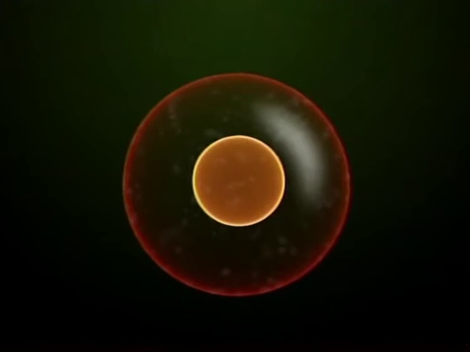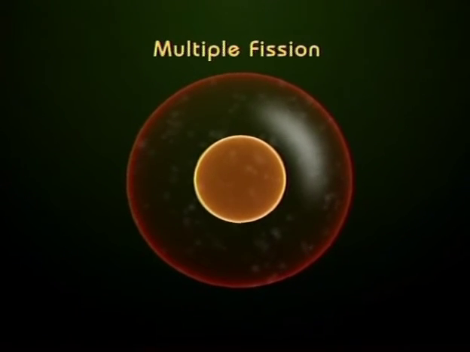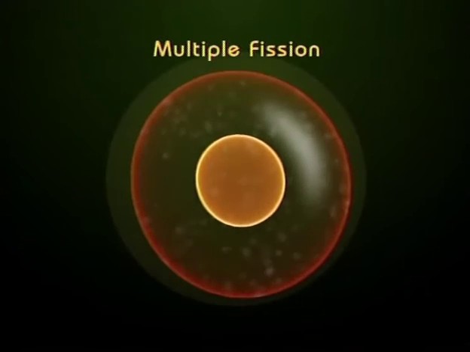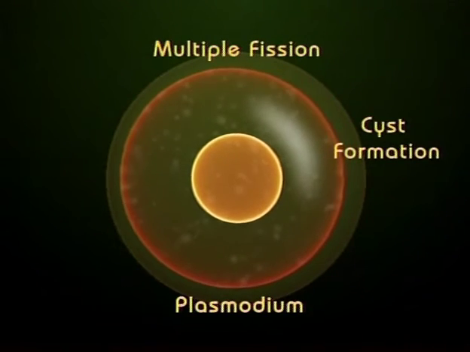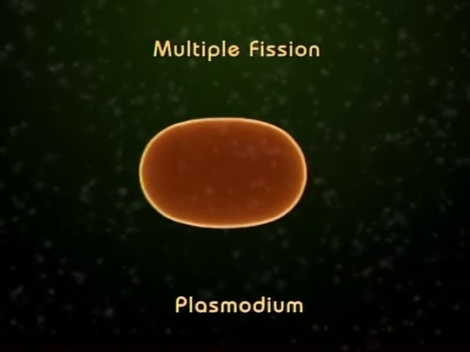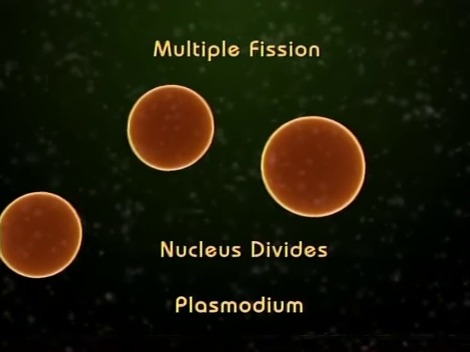Let us learn something more about multiple fission. Sometimes, during unfavorable conditions, in some unicellular organisms like Plasmodium and bacteria, a cyst or a protective wall develops. Inside the cyst, the parent nucleus keeps on dividing many times without being followed by division of the cytoplasm.